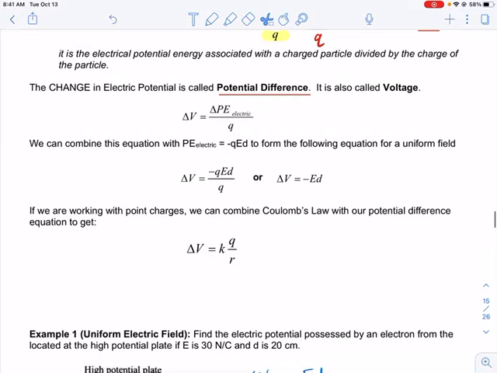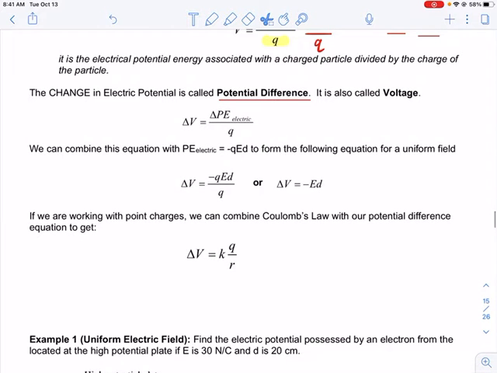Let's see what happens when we combine this equation with electric potential energy equals negative QED to form the following equation for a uniform field.